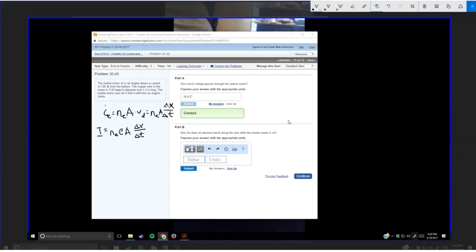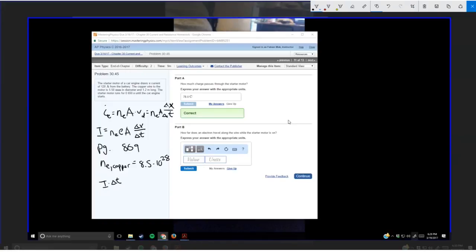On page 869, for copper, it is 8.5 times 10 to the 28 electrons per cubic meter.